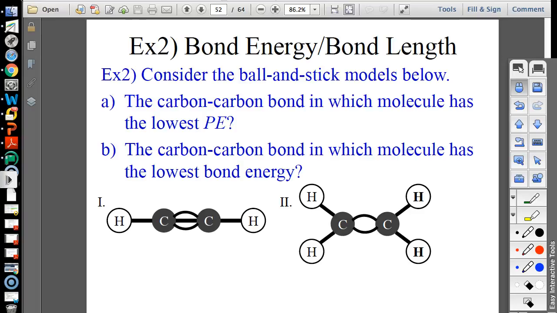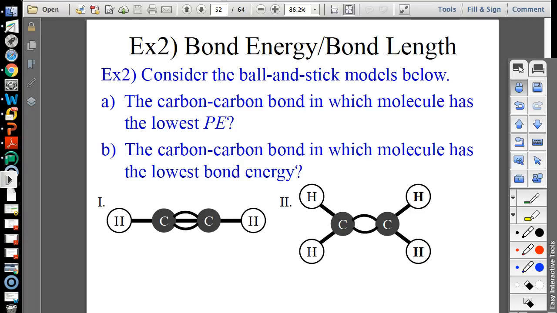Yeah, you have the higher bond order, so they're closer together, which would decrease the potential energy. Can you see how this kind of craziness will be on your test, and you'll really have to know your stuff? No pressure.